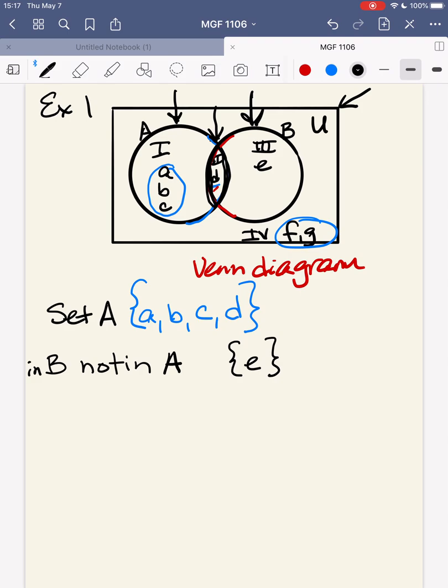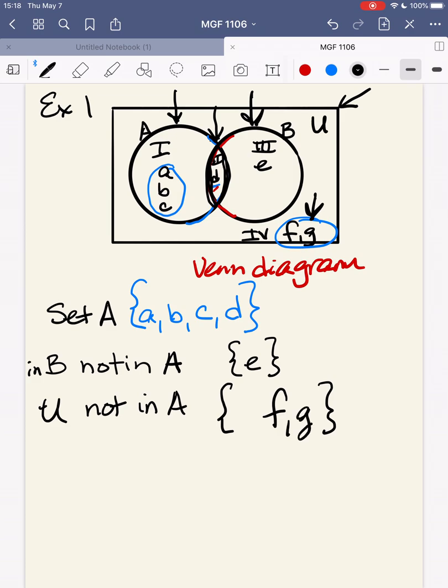All right, I want the set of elements in U that are not in A. So sets of things that are in the universe, but not in A. Okay. Well, we know this F and G here are not in A. Okay, so we know F and G are totally a part of that.